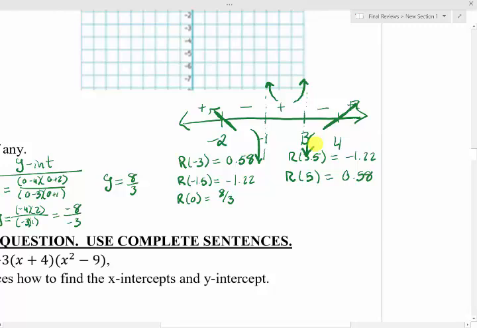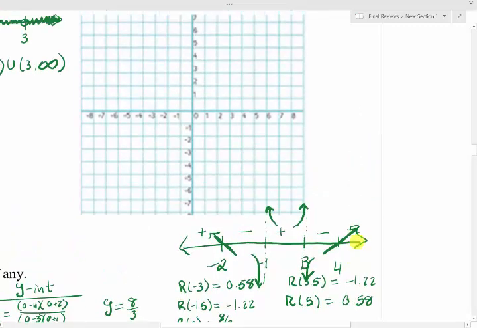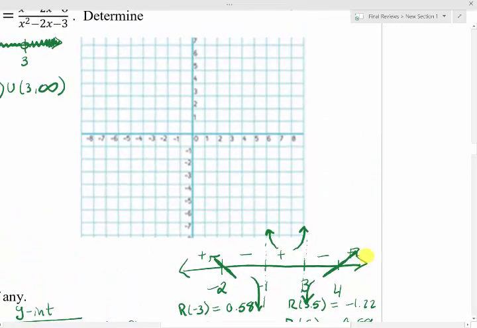But let's actually do this on the graph. So the first thing I'm going to do is graph all of my intercepts. I have positive 4 for my x-intercept and negative 2 for an x-intercept. I also have a y-intercept of 8/3, which is right about 2.67.